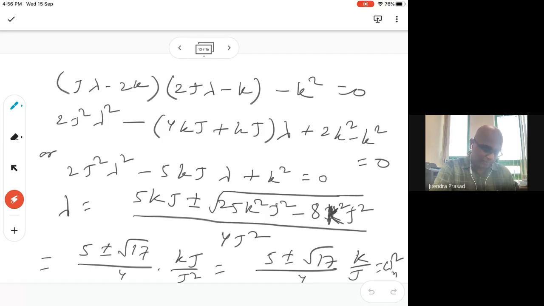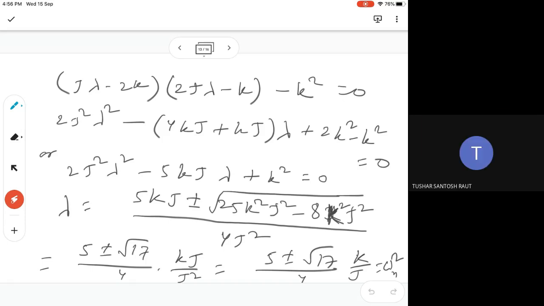Taking root 17 as approximately root 16, which is 4, 5 minus 4 divided by 4 is about 0.25. The other will be 5 plus 4, which is 9, divided by 4, so 2.25. So one is 0.25, the other is 2.25, right?